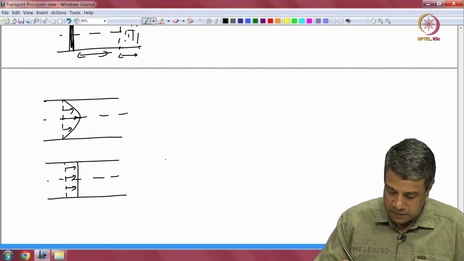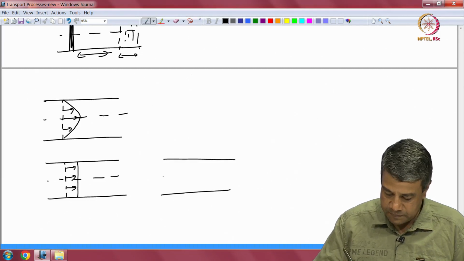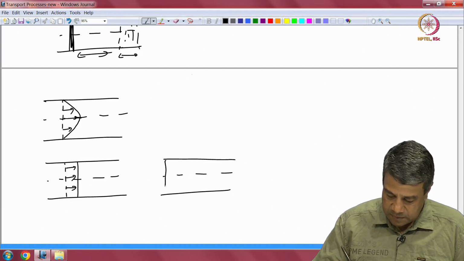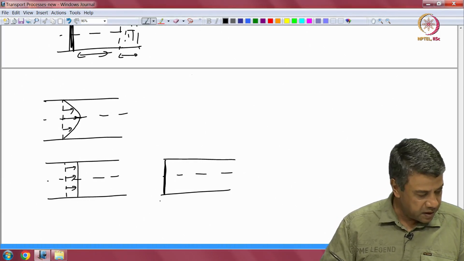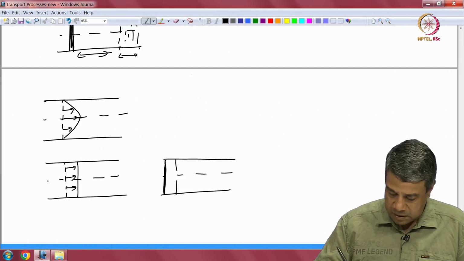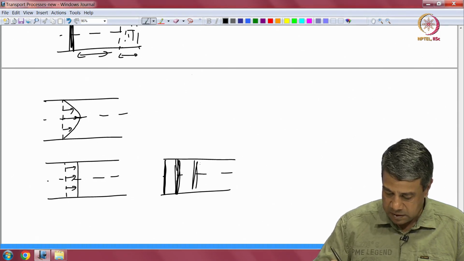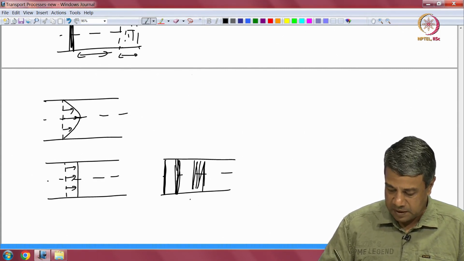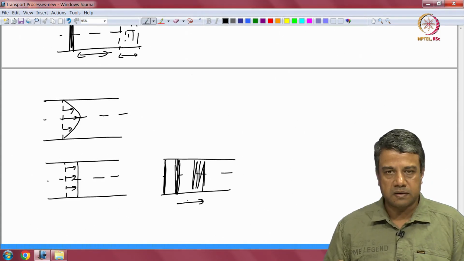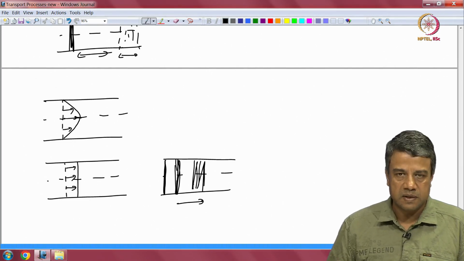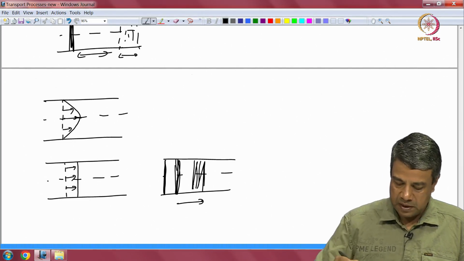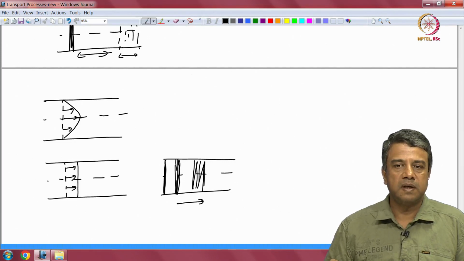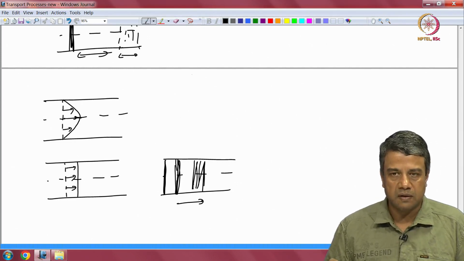So, in a plug flow, for example, if I impose a spot of dye here, as it moves downstream, it will spread due to molecular diffusion. It will spread to some extent, and further downstream it will spread to a greater extent, and so on. As this plug flows downstream, it is also diffusing, and therefore it will spread. And this spread will be according to the molecular diffusion.